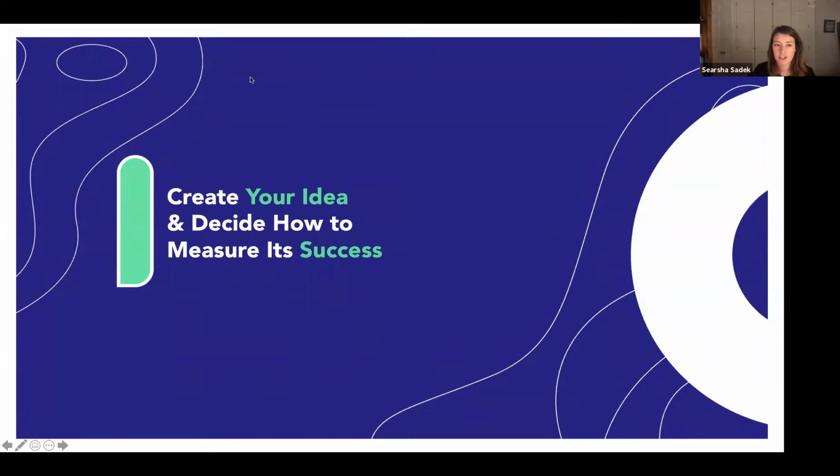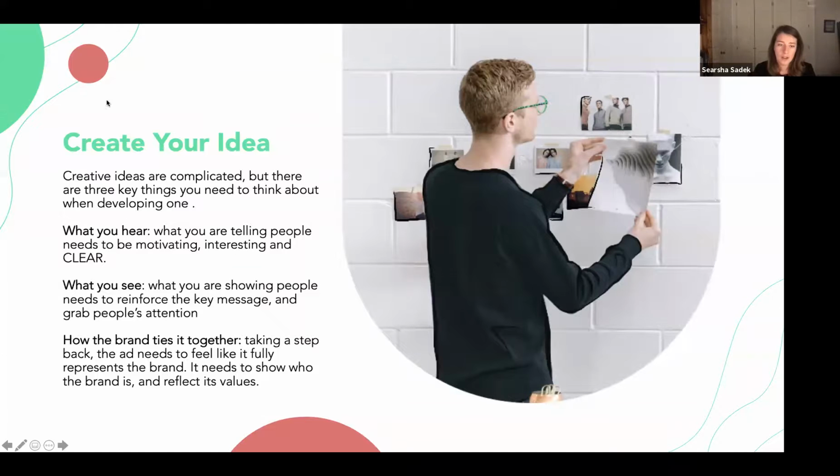So here's the magic bit, creating your idea and deciding how to measure its success. Creative ideas are very complicated to create. But there are three main things to think about when you're developing one. What is it that you're hearing? So what are you telling people?